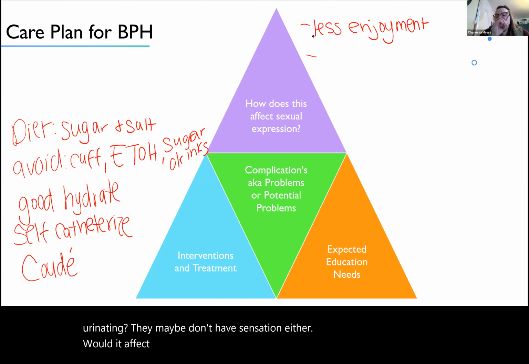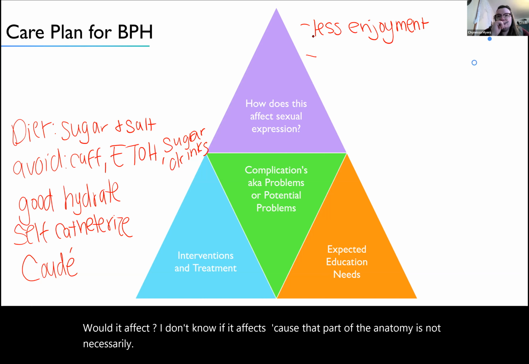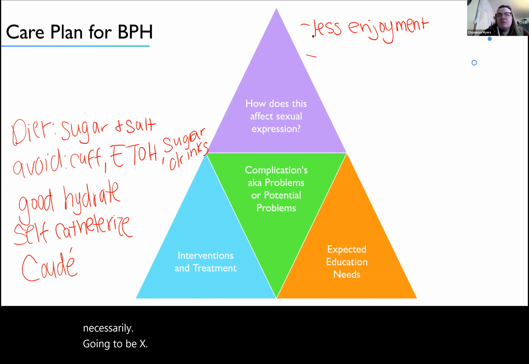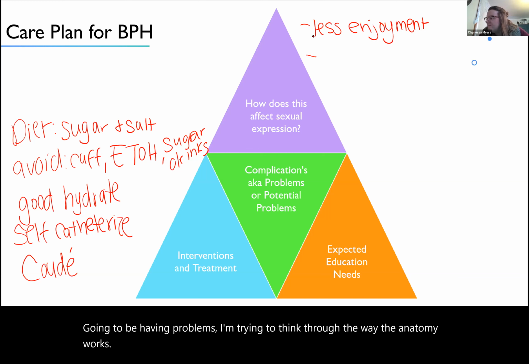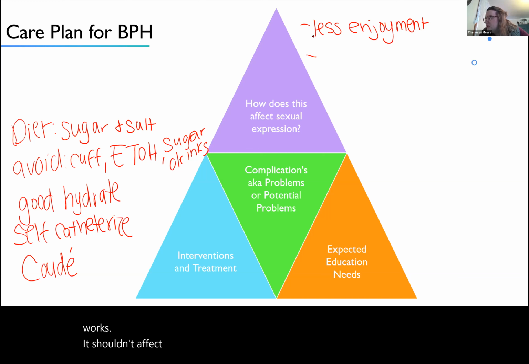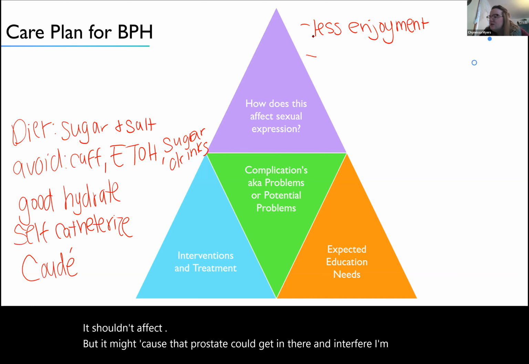I don't know if it affects ejaculation because that part of the anatomy is not necessarily going to be having problems. I'm trying to think through the way the anatomy works. It shouldn't affect ejaculation, but it might, because that prostate could get in there and interfere. I'm not actually for sure. It's a really good question.